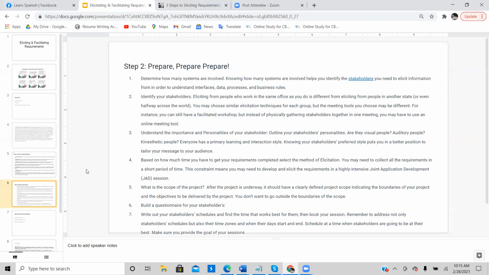Number three is to understand the personalities of your stakeholders, right? Ultimately, you're only as good as the information you're getting from your stakeholder. From a personality perspective, one may be an introvert, one may be an extrovert, one may be dominating the whole conversation but not have much importance in the project.